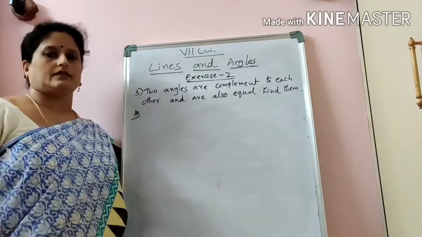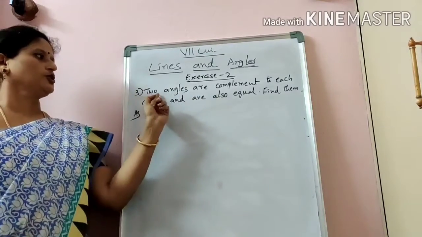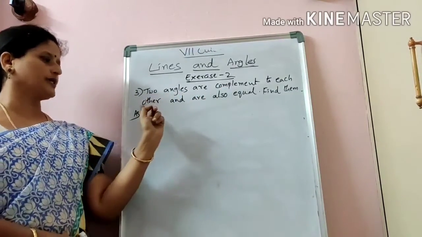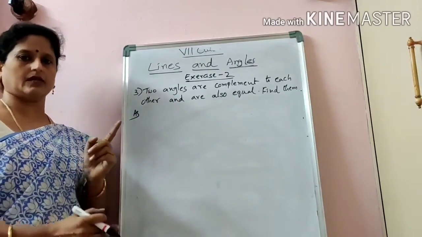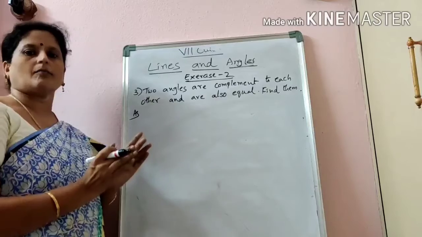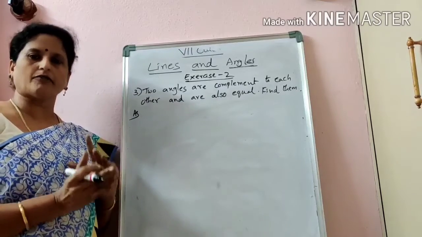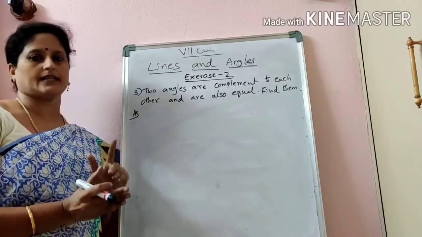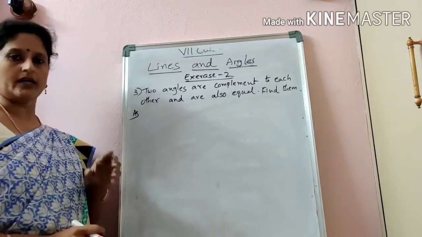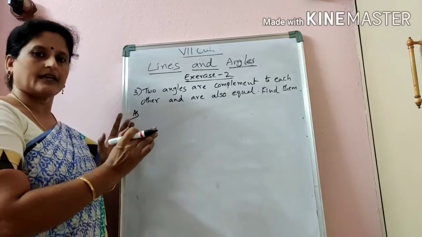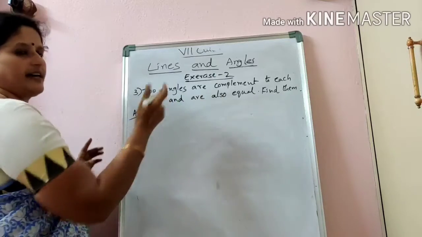Third problem. Two angles are complementary to each other and are also equal. The two angles are complementary. That means the sum of two angles is 90 degrees and also equal. Find them.